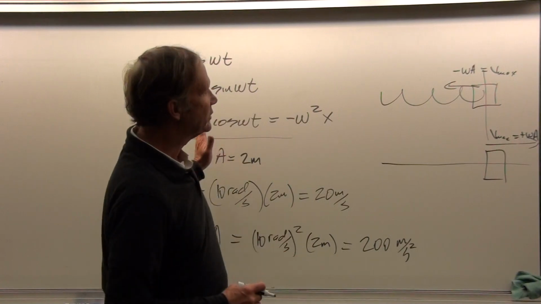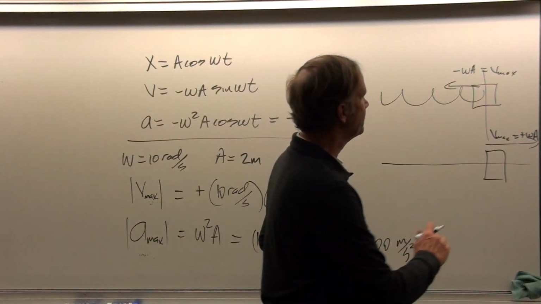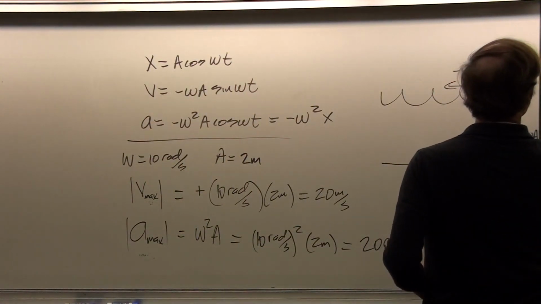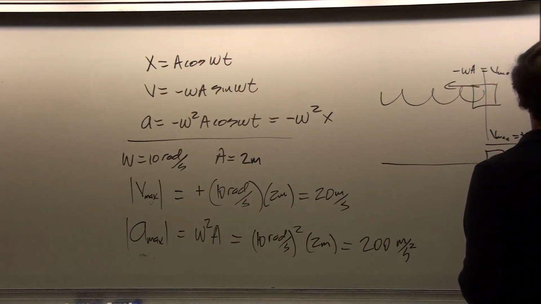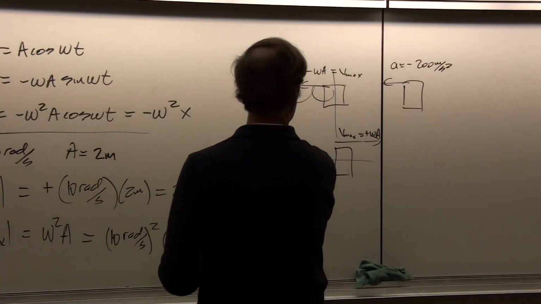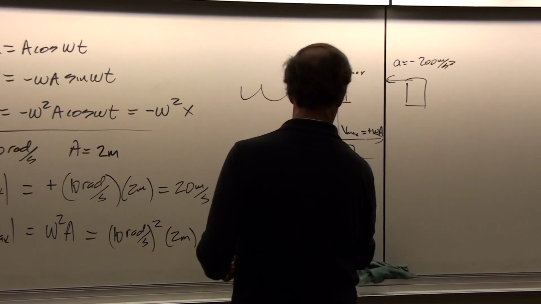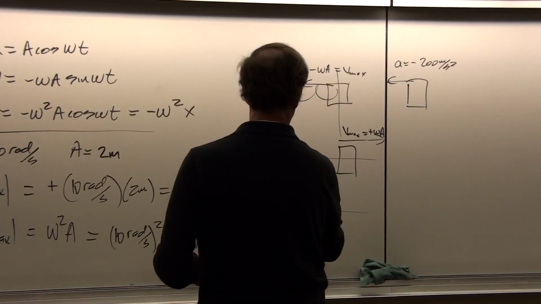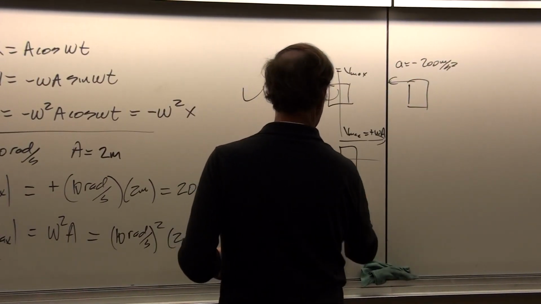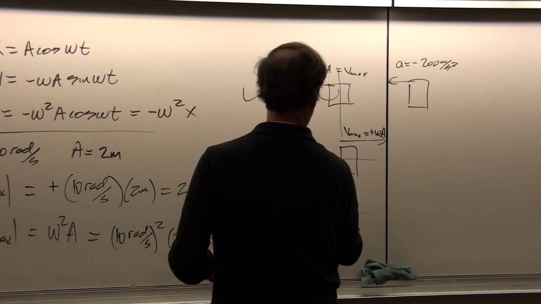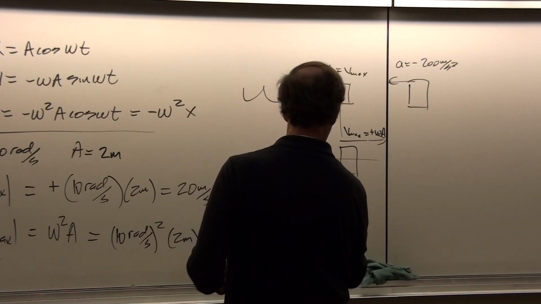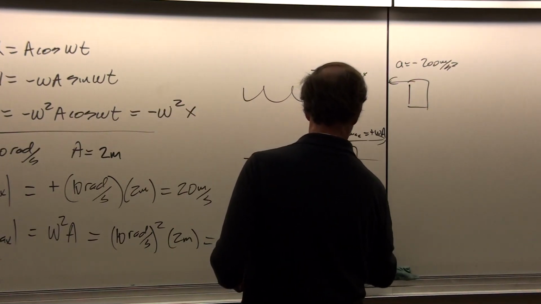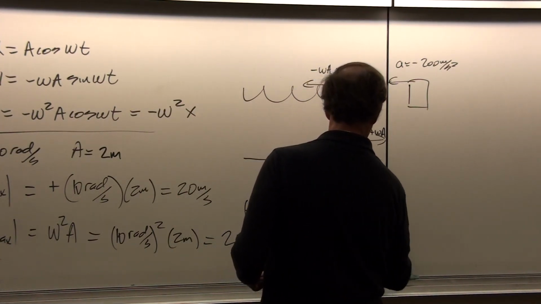So when it was at its maximum extent out here, the acceleration A would be minus 200 meters per second squared. And when it's at its point of maximum compression here, at this distance, x equals A away, then the acceleration would be plus 200 meters per second squared.